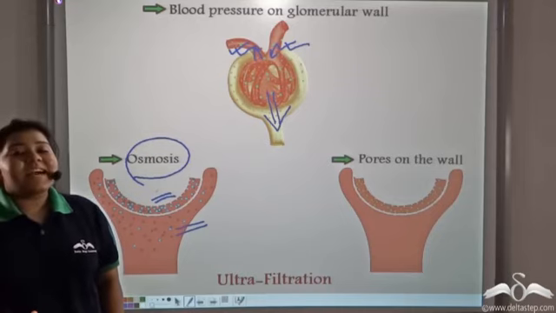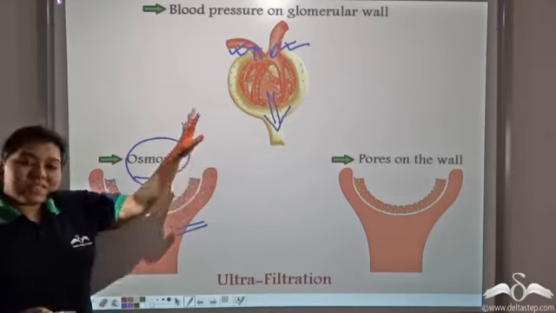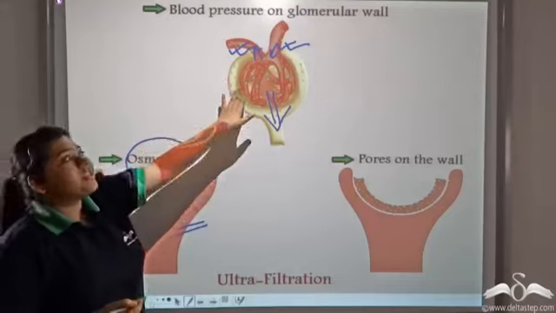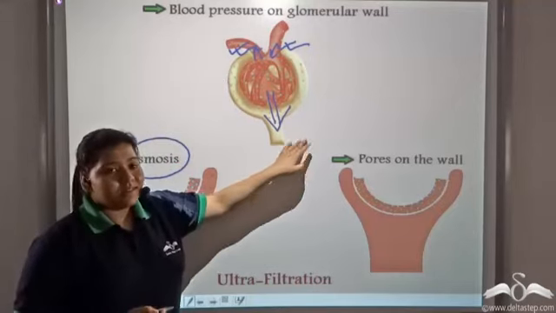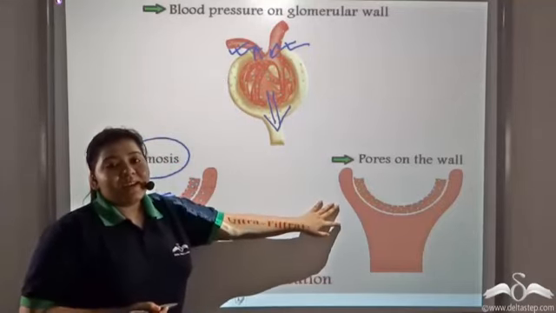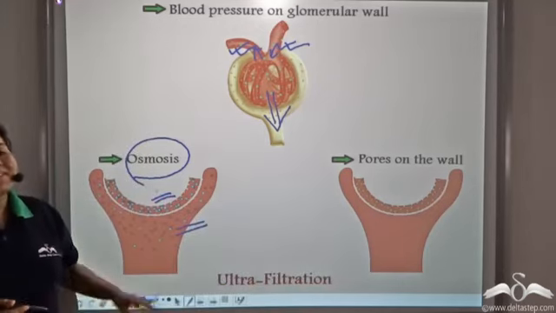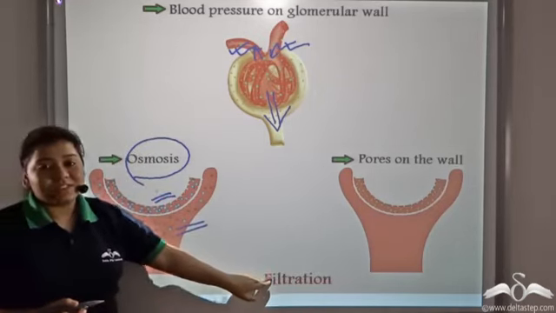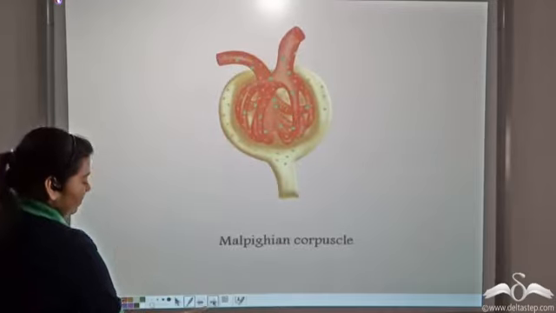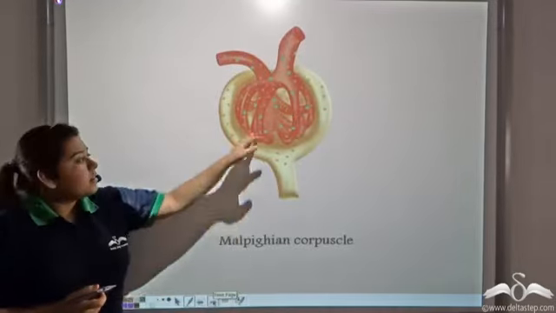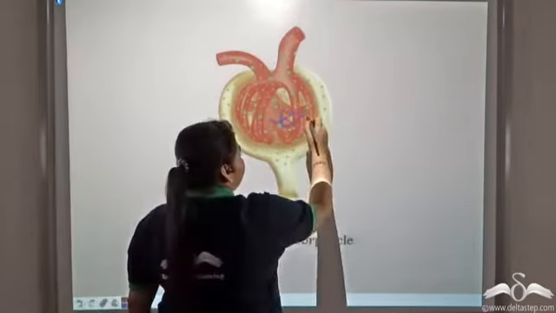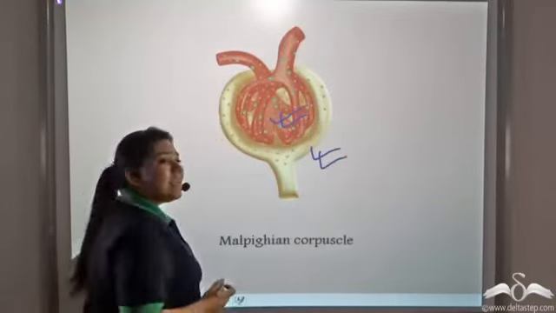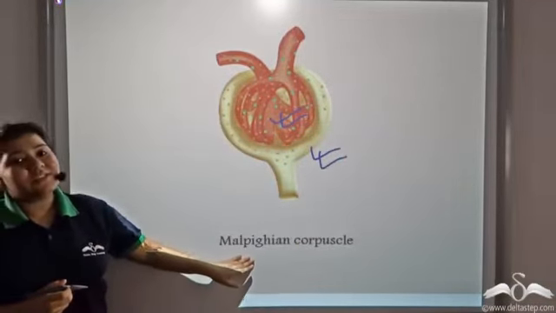So filtration that takes place because of these three factors: blood pressure on the glomerular wall, pores on the wall, and thirdly, osmosis, is known as ultrafiltration. Now, the glomerulus, together with the Bowman's capsule, is known as the Malpighian corpuscle.